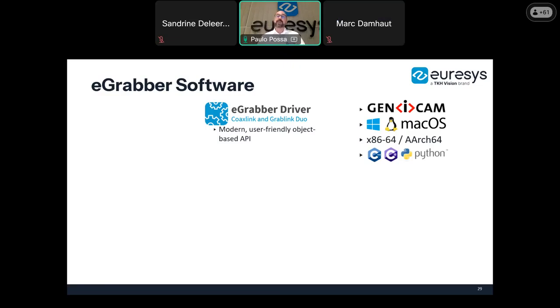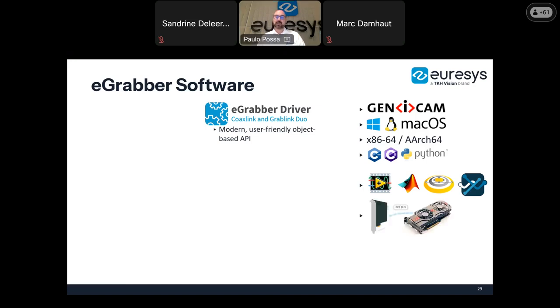The API is compatible with C++, C#, and Python. It's supported by third-party image processing libraries. And it also supports direct DMA to GPU for applications that require extra processing power.